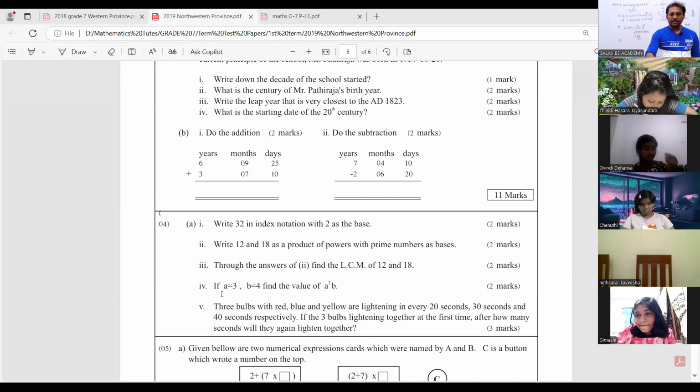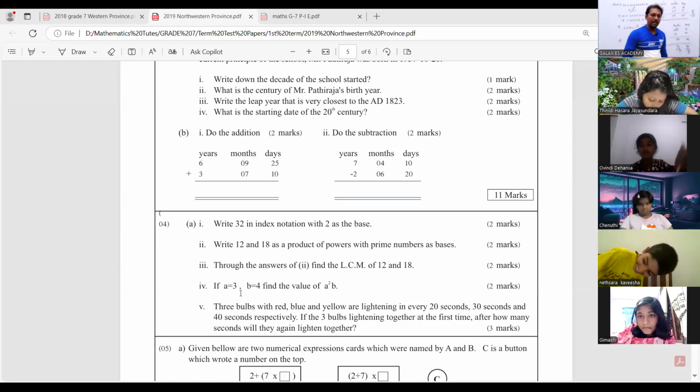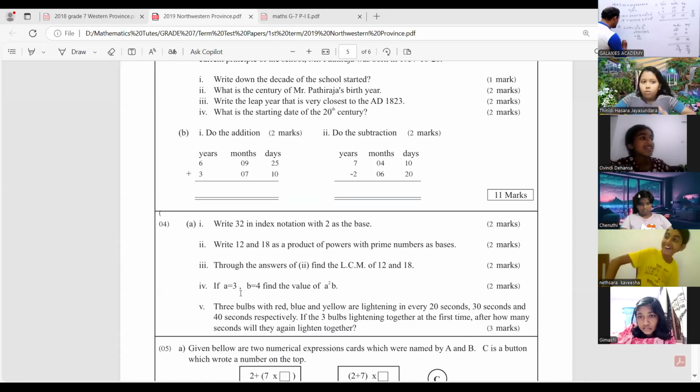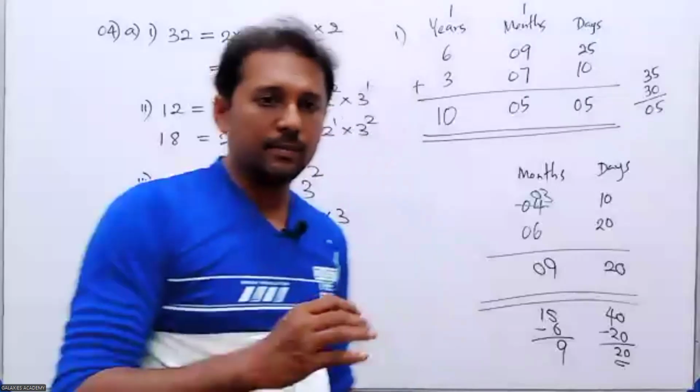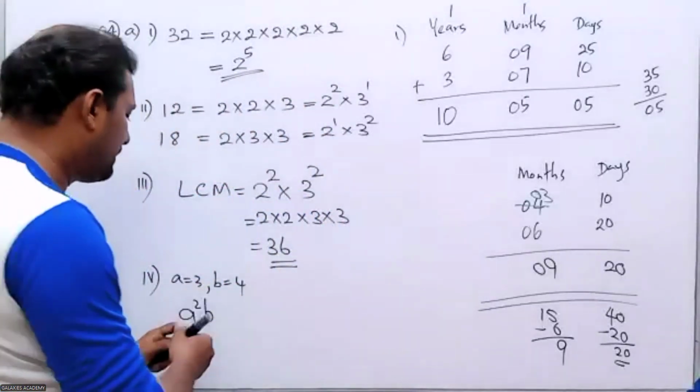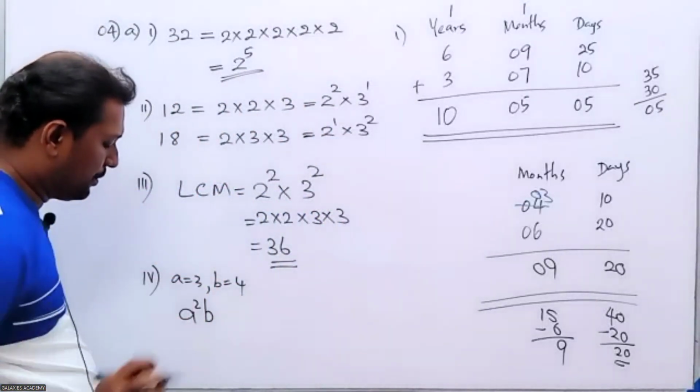Part 4: given A equals 3 and B equals 4, you have to find the value of A squared B. A squared means what? A to the power 2 means A multiplied by A. First I will substitute.